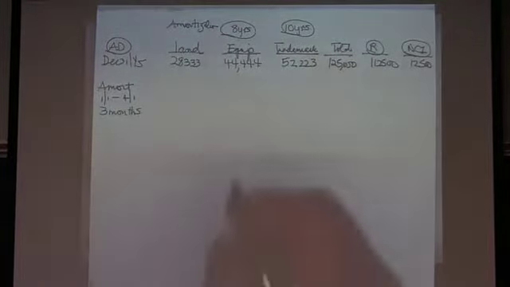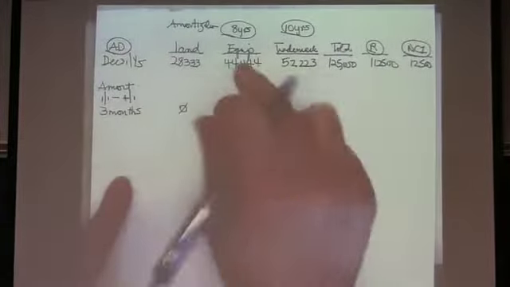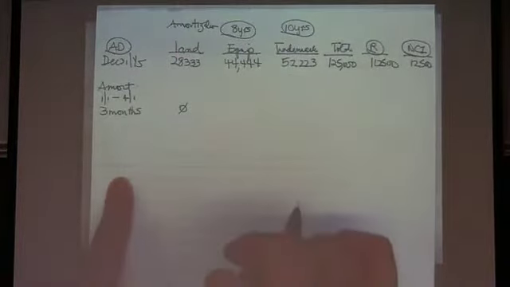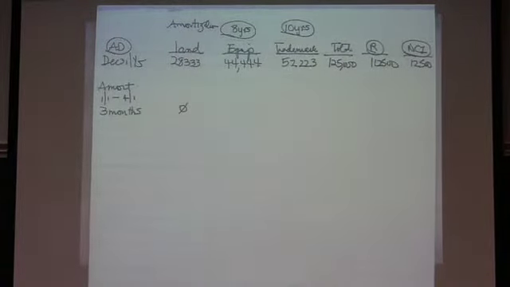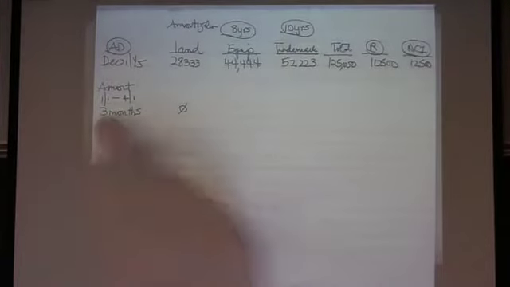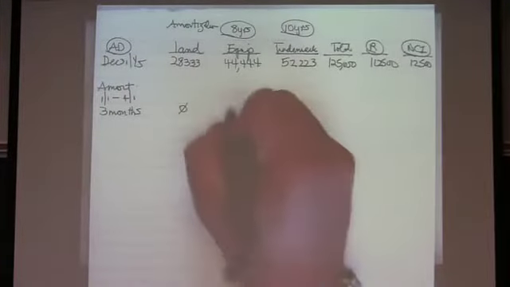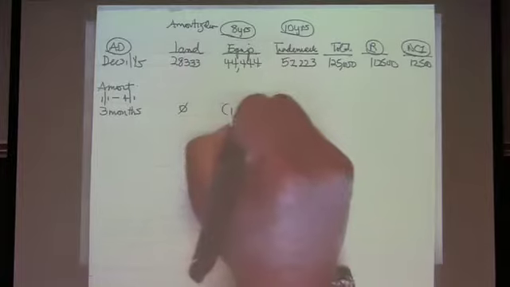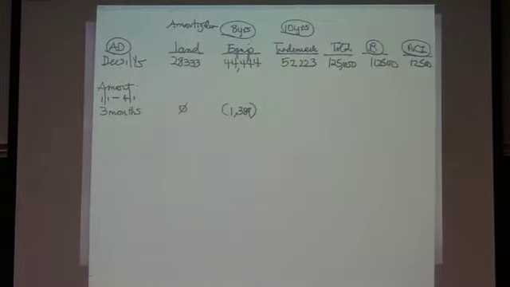So land, there's no amortization, as you all know. Equipment, we're going to take 44,444 divided by 8 years. That gives you the per year, times 3 over 12. And that gives us 1,389. I'm just rounding it up. Trademark, the same thing.